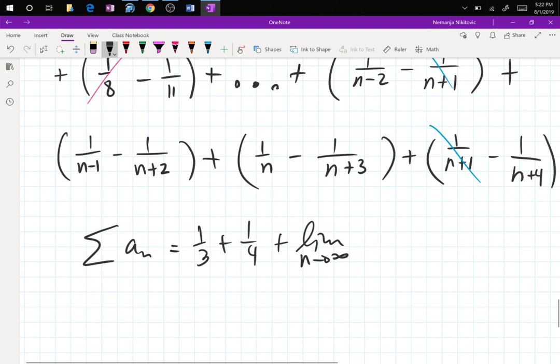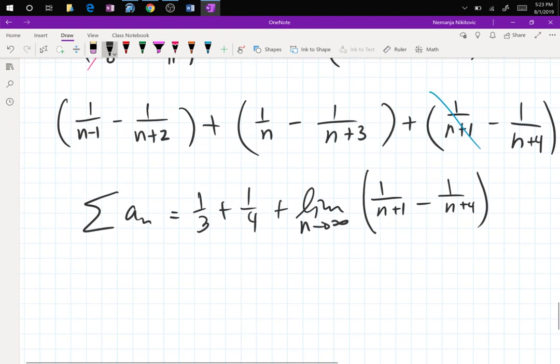But guys, as n goes to infinity and n is in the denominator, it will just make all results to be 0, so we don't have to care about it. See, if I have the limit and I just add any of these terms, 1 over n plus 1 minus 1 over n plus 4, right? If this limit is brought to me, I just say, well, it's 0, because 1 over infinity is 0, and you just have a 0 for that one.